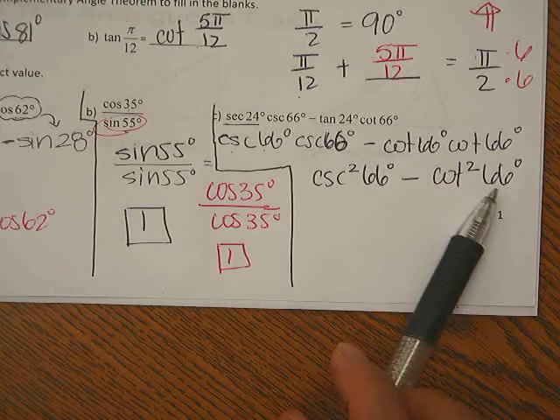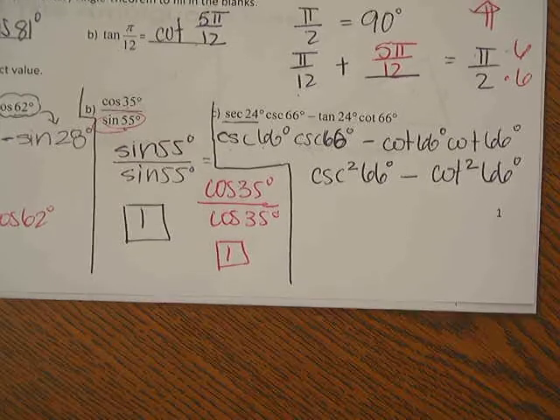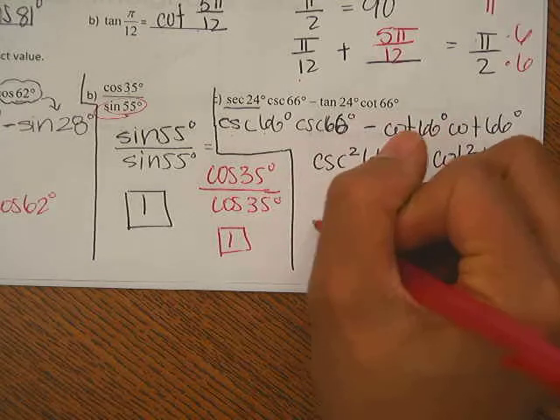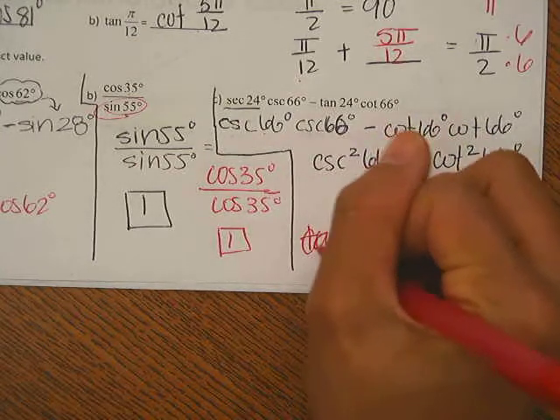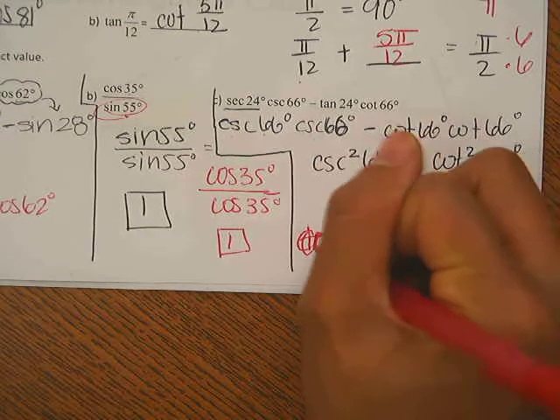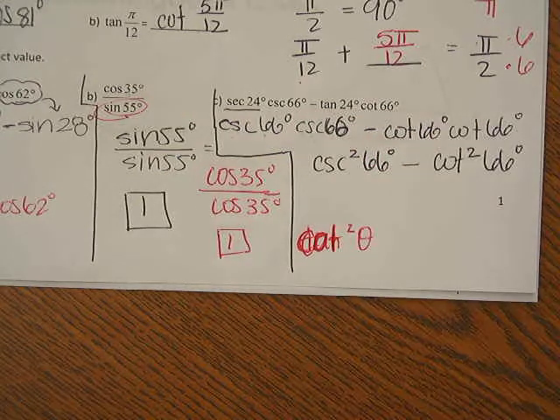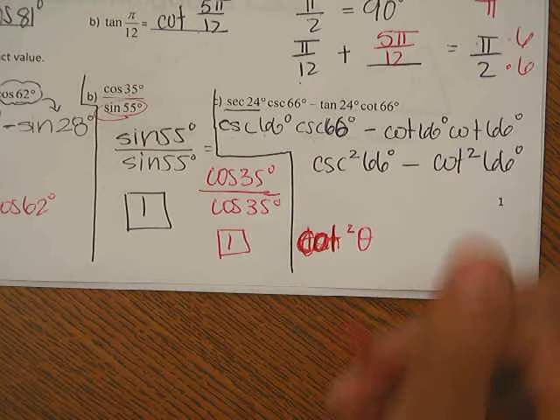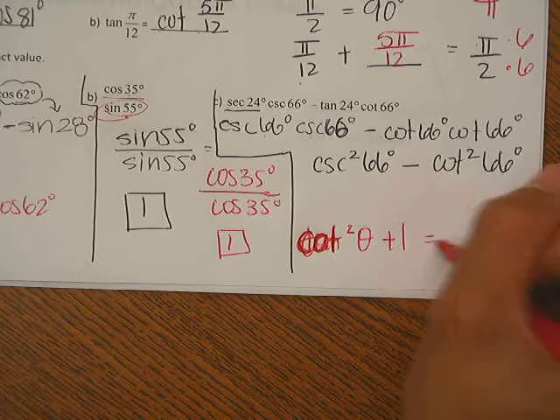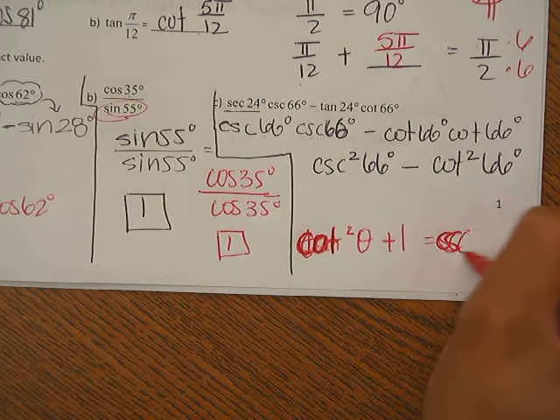66 and 66, they're both the same angle, so I'm pretty sure there's an identity for that. Okay, so the identity I'm actually going to use is cotangent square of theta plus 1 equals cosecant square of theta.